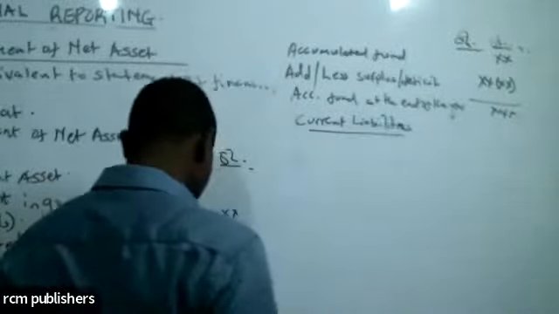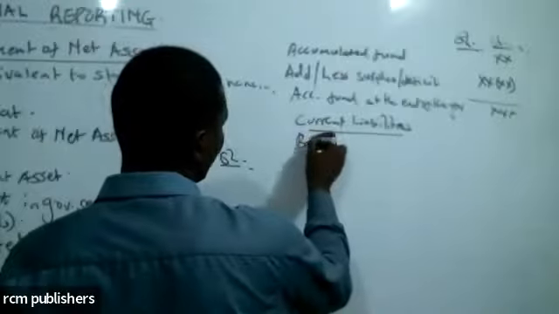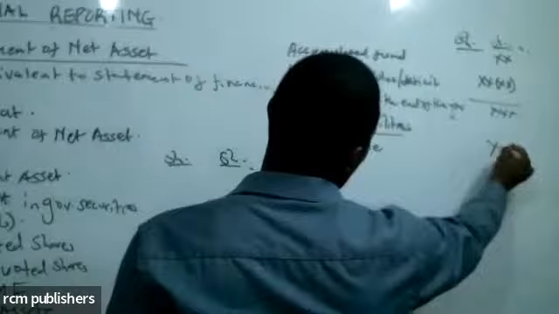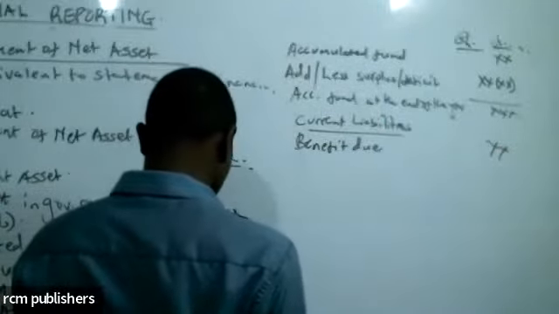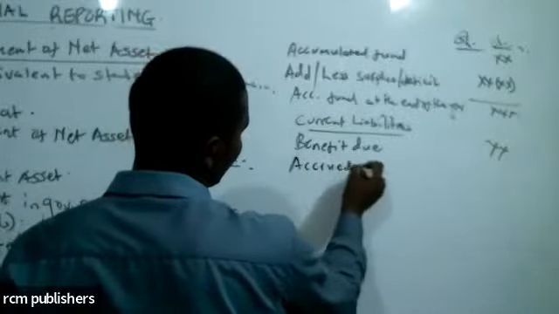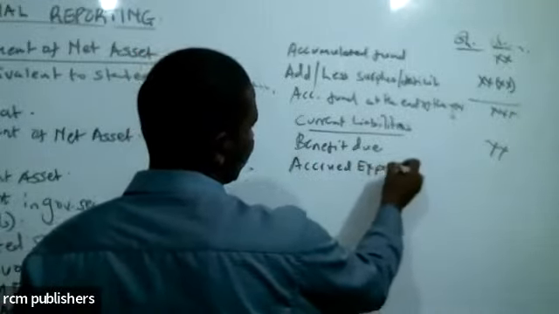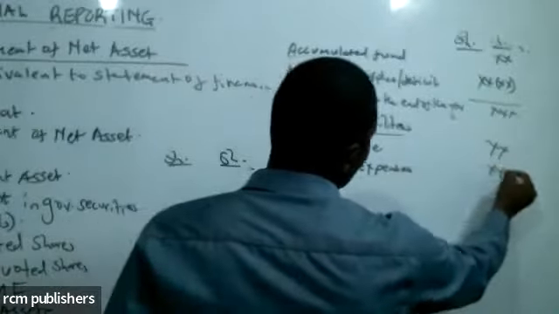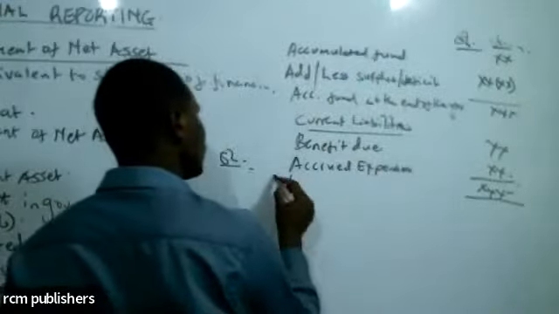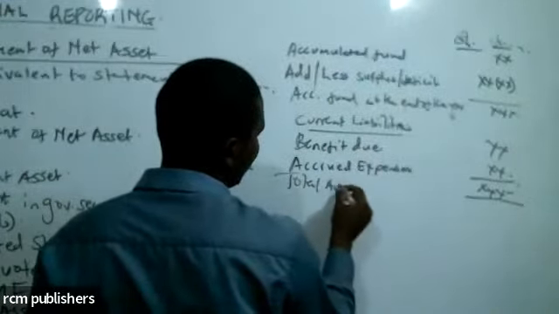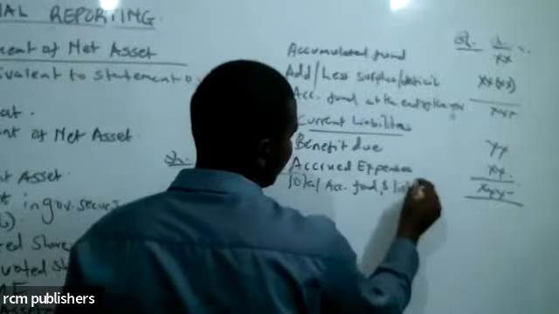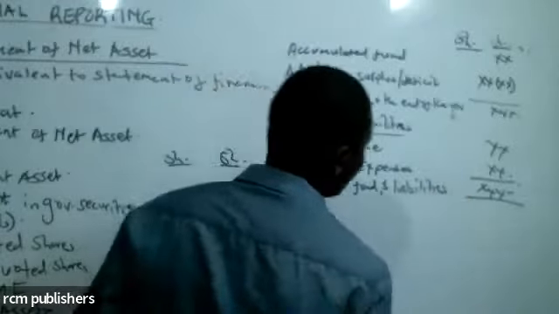Current liabilities: benefits due, yes, we have to pay them, and accrued expenses. Then you get total accumulated fund and liabilities.